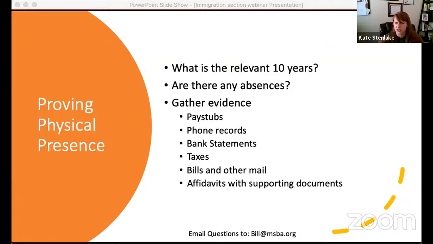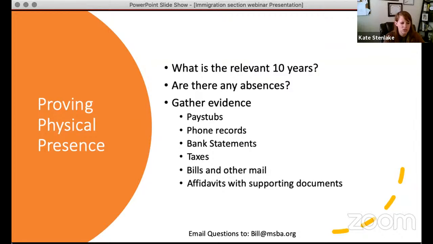I think there was another question. A follow-up question is, once the merit hearing is completed, does the immigration judge decide on cancellation of removal at the hearing? Good question. Usually, in most of the cases that I've had, well, actually, no, that's not true at all.